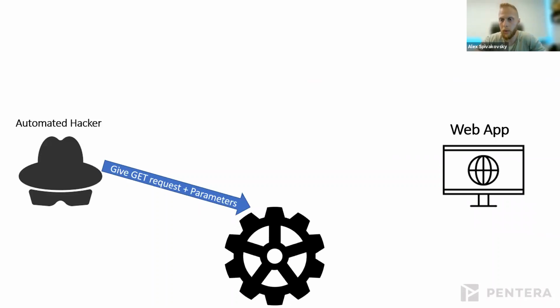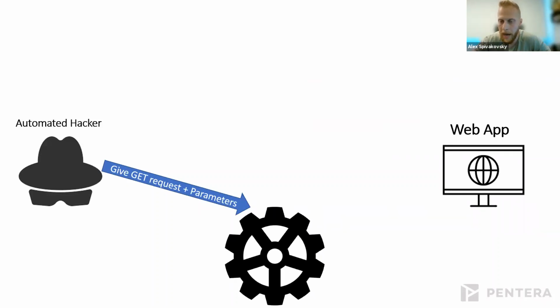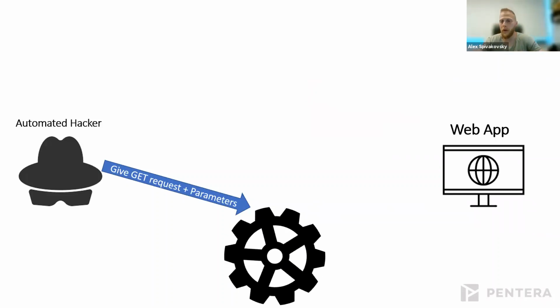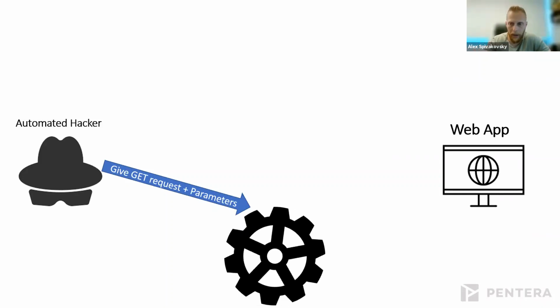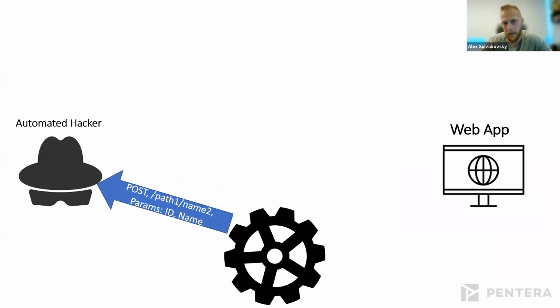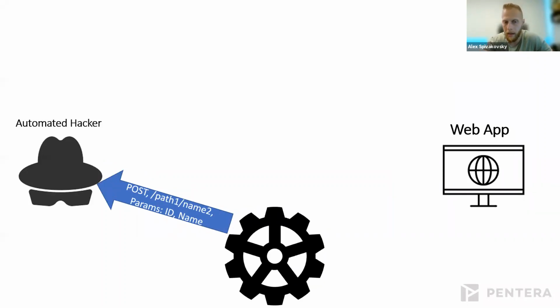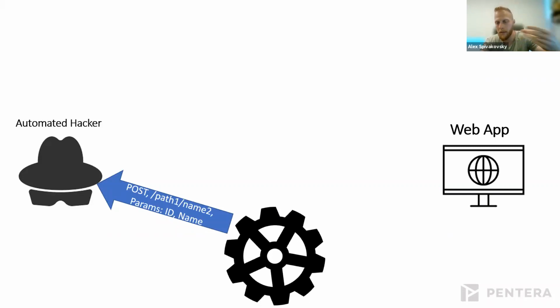I will say to my engine, in the crawling phase I mapped all the types of requests that I have. Please give me all the GET requests and all the corresponding parameters. So now I get all the requests. I have the path. It should be a GET request, not a POST. Sorry, typo. I get the path and the params.